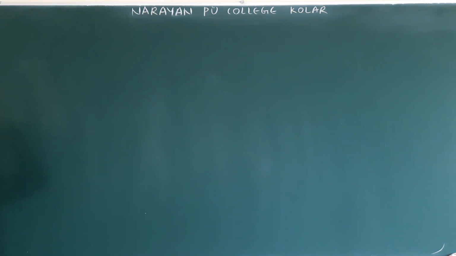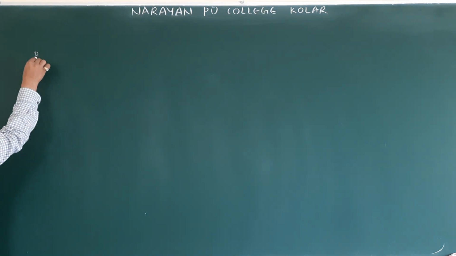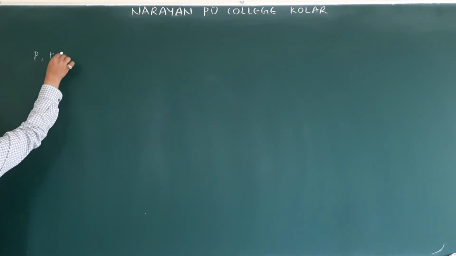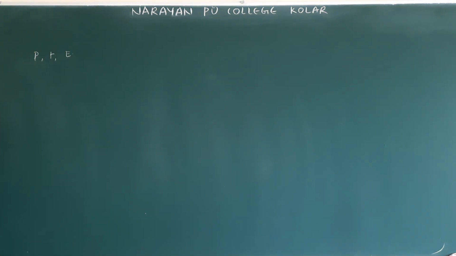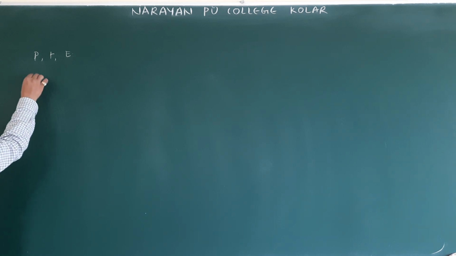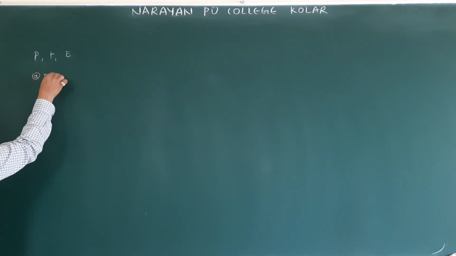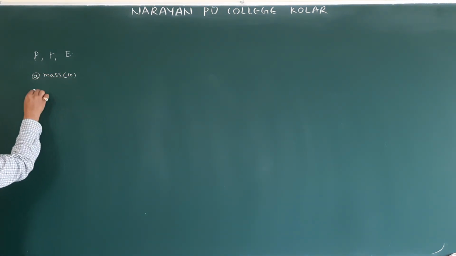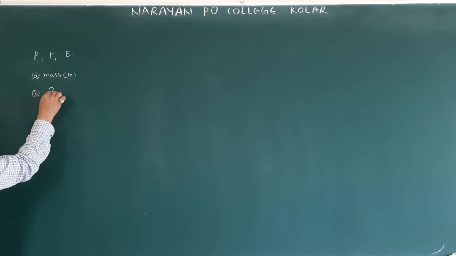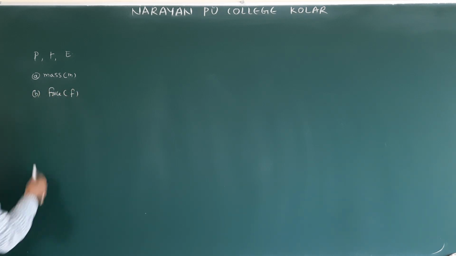First, what do they give? Momentum P, time T, energy E. Then by taking these as base quantities, find the dimensions of (A) mass and (B) force.